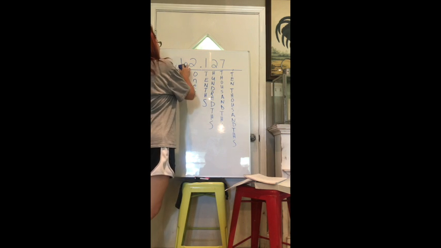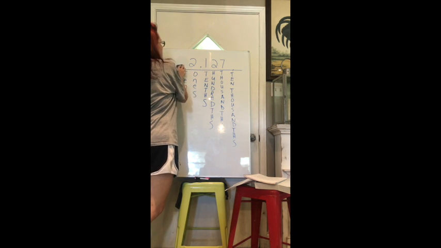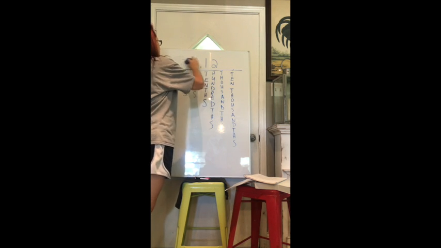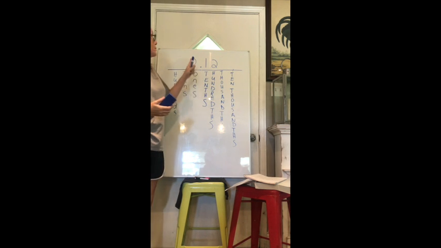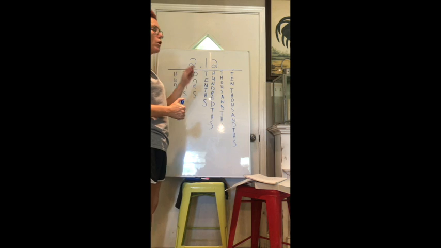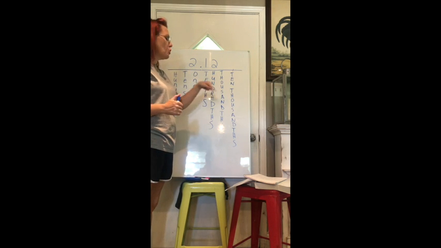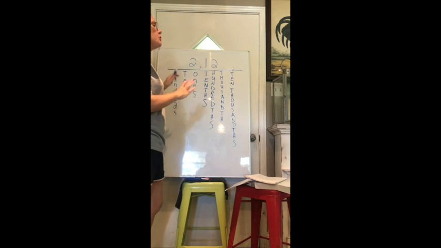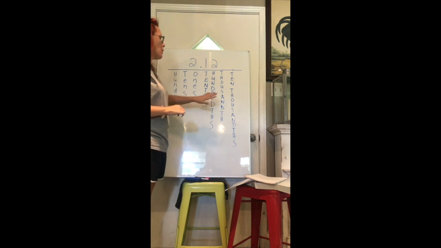Okay, I could change it again. Now I have 2 and 12 hundredths. Okay, so it's real easy to say them in word form as long as you know your place values. Okay, so you might want to pause the video if you don't already know this and make sure you write this down.